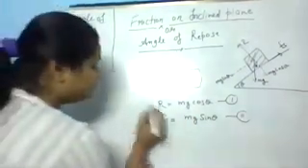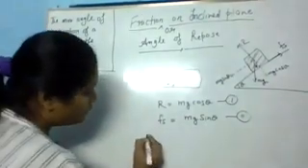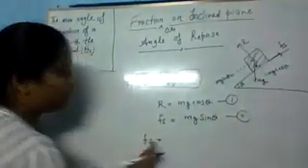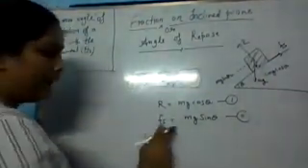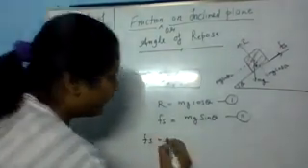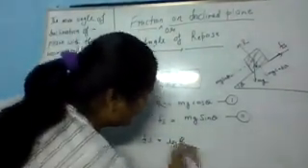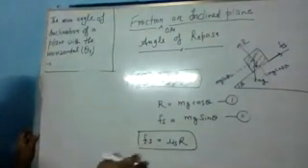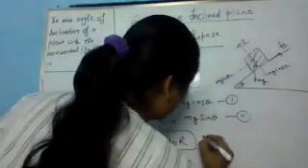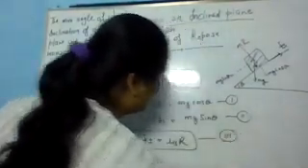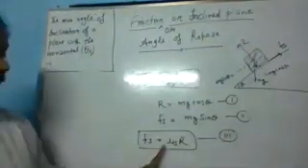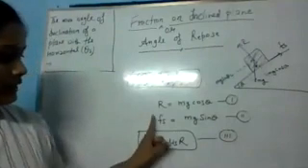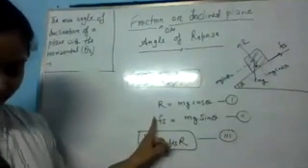So now you know the relation between the static friction and the reaction force also: Fs equals mu s into R. We know this? Okay, take it as the third equation. Here you can put the value of static friction in the second equation.